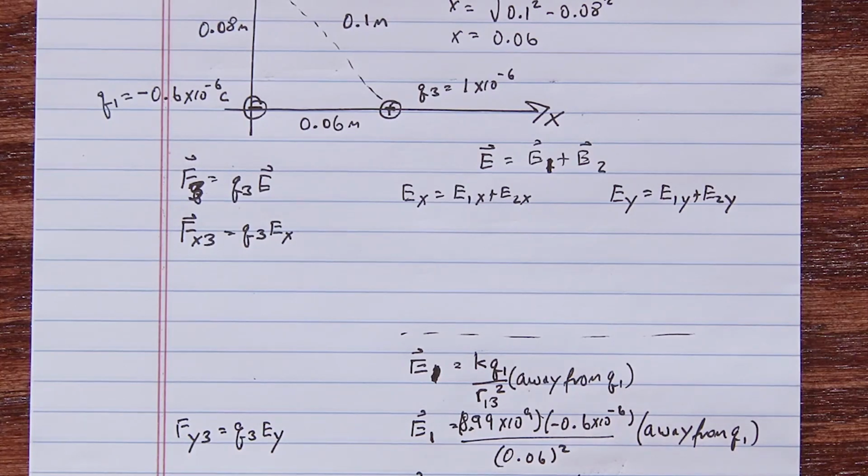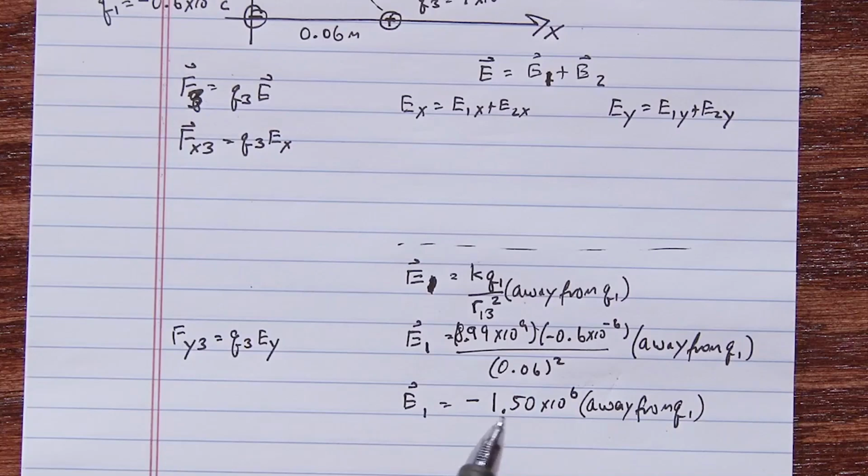And so negative 1.5 times 10 to the 6 away from Q1, and negative away gives us E vector 1 is 1.50 times 10 to the 6 toward Q1.